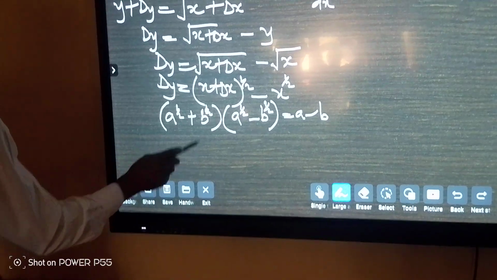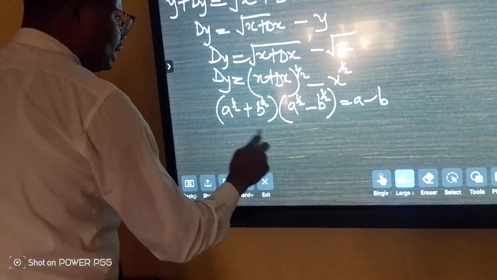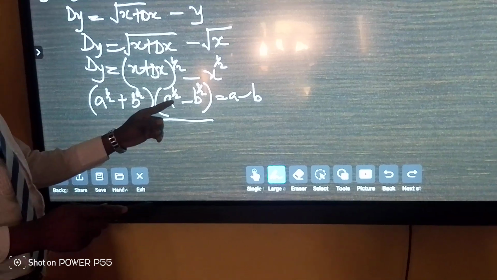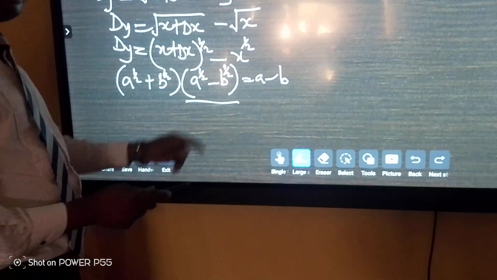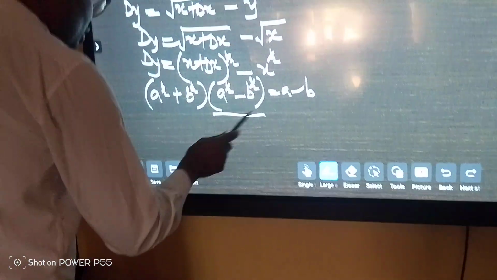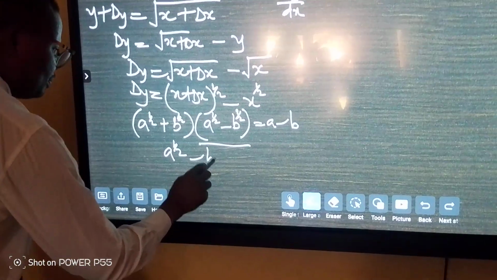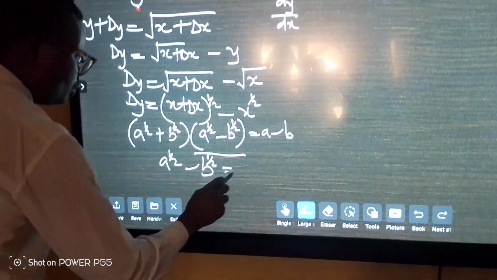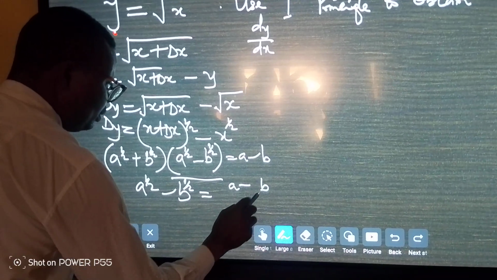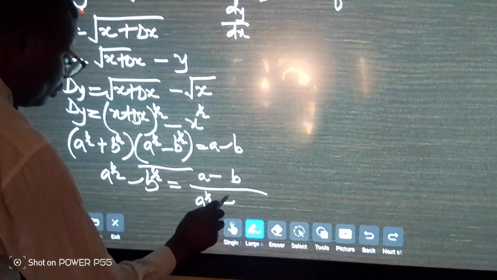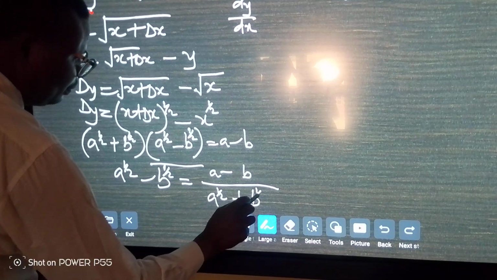If we try to make a minus b the subject of the formula, that is a raised to power half minus b raised to power half, we would have a raised to power half minus b raised to power half equal to a minus b divided by a raised to power half plus b raised to power half.